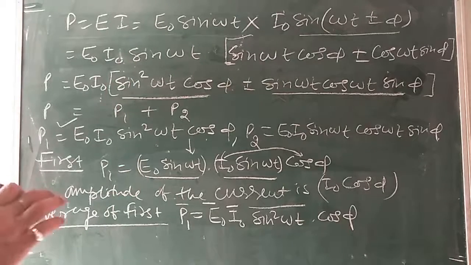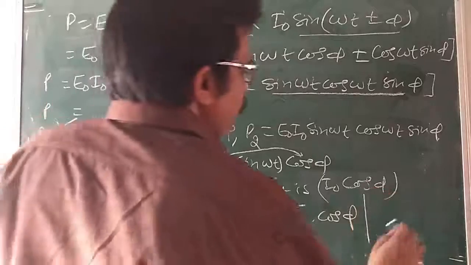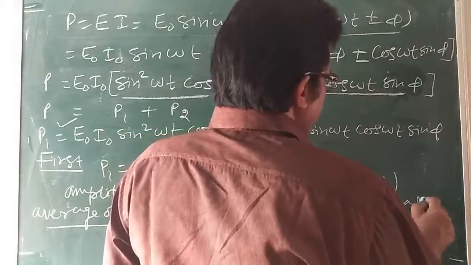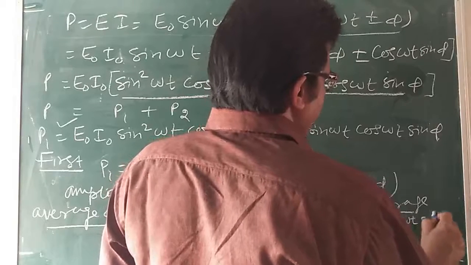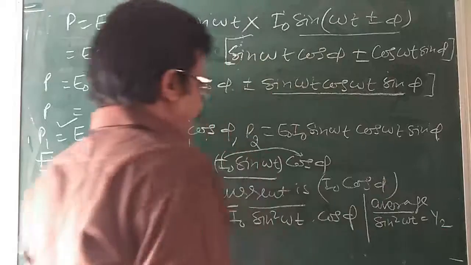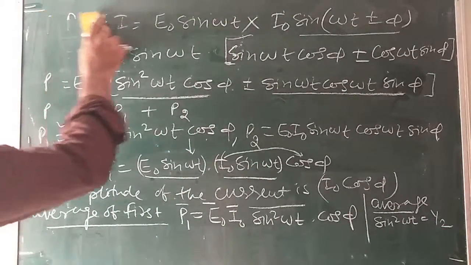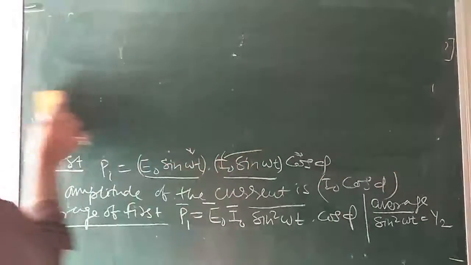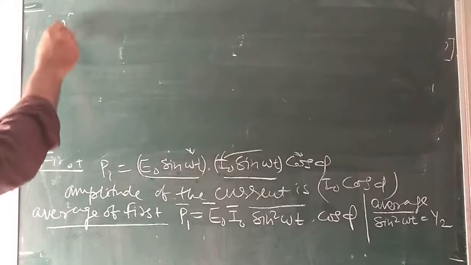One thing, dear children: you know the average of sine square omega t. You use this formula directly here. Average of sine square omega t need not be solved here. We can write here 1 by 2. So put it here. So dear children, I can say P1 bar here.